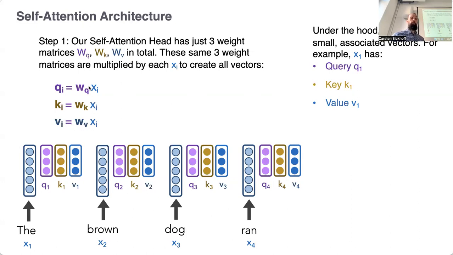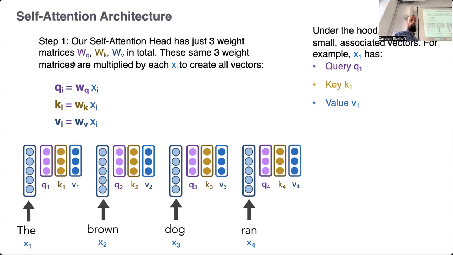So I basically have 3 separate neural nets that learn how to transform my raw content into a query, the thing I search with, into a key, the thing that I try to match to, and into these values, the thing I transmit. That part, however, is global.